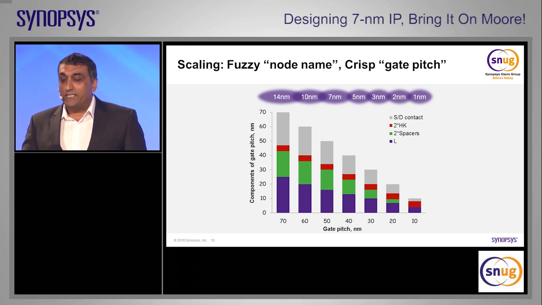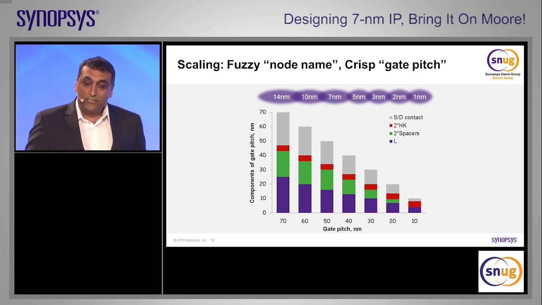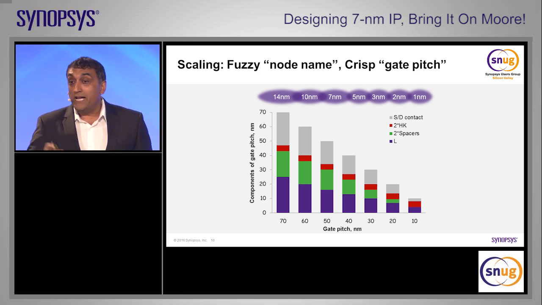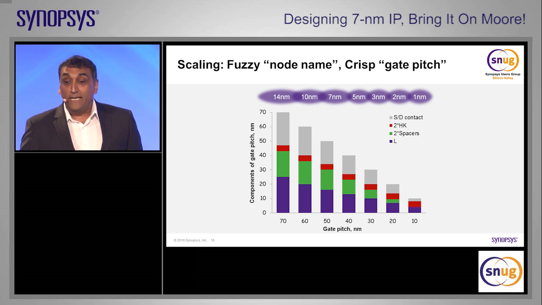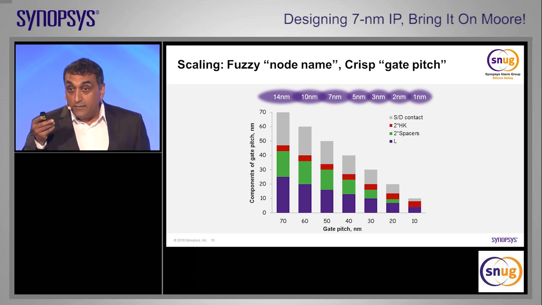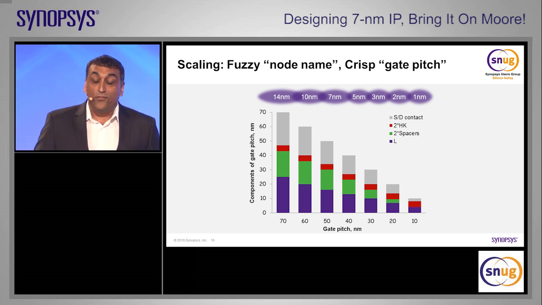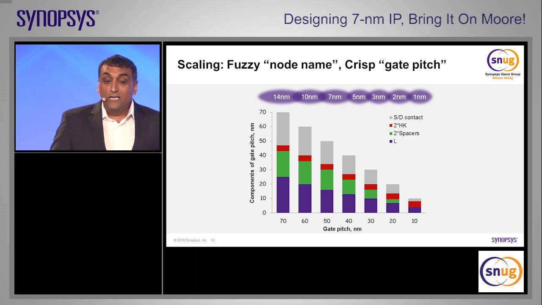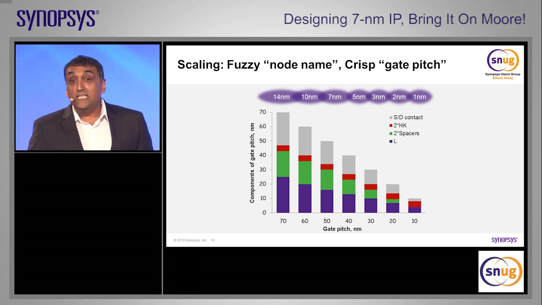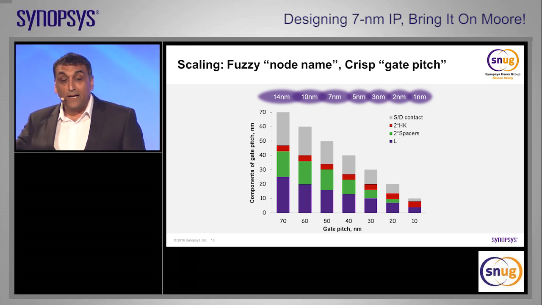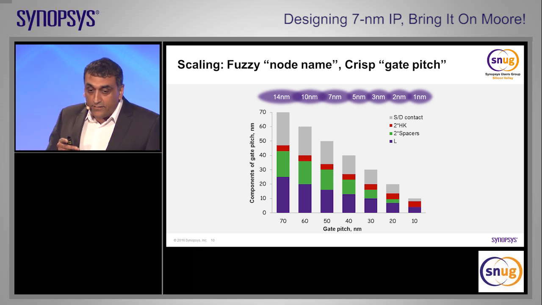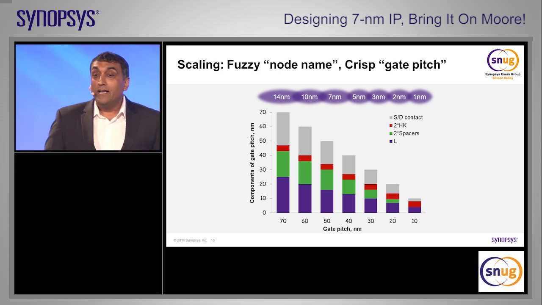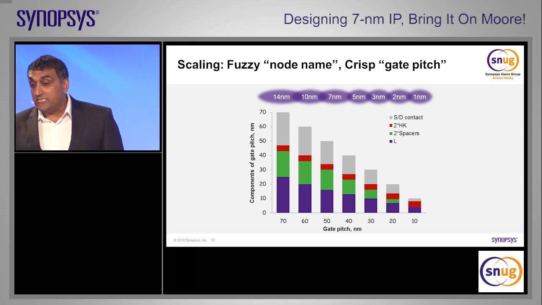Let me get into a little bit more detail, right? What I said was that the scaling node name is fuzzy, but if you look at the gate pitch, that's a more accurate representation of the technology feature size. The technology node definition varies from one fab to another fab, but the gate pitch definition is precise and meaningful. And this is used for standard cell library development.